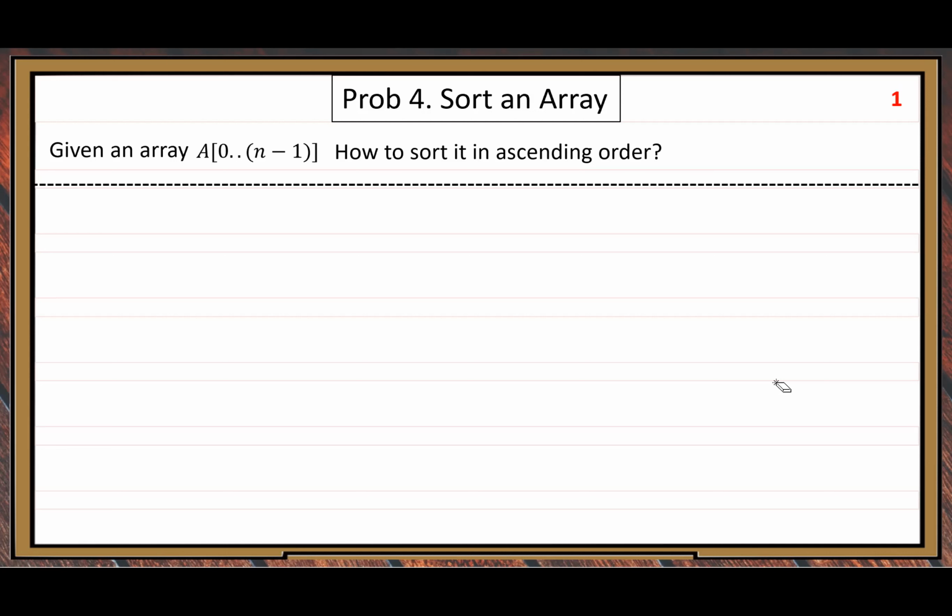So it is a basic question. Remember, we have 3 basic types. Search, we did a linear search. Selection problem, we did finding the minimum problem. Now, the first one in the sorting category, sort an array.